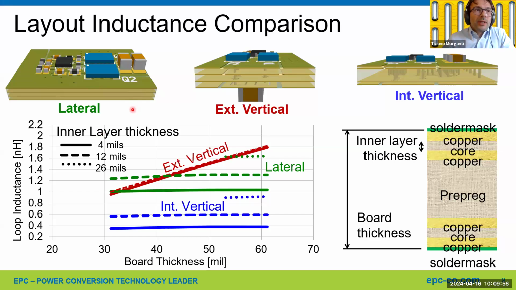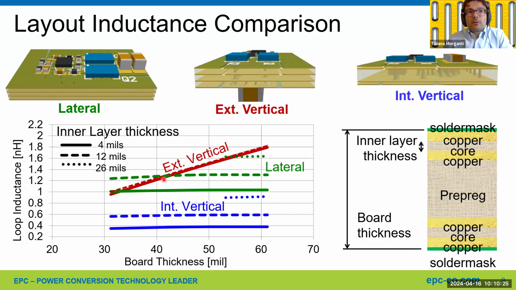To provide some values, a good lateral layout with the ground plane underneath provides from 1 nanohenry to 1.2, 1.5, 1.6 nanohenry, depending on the thickness of the insulation layer between the top layer and the first inner layer.